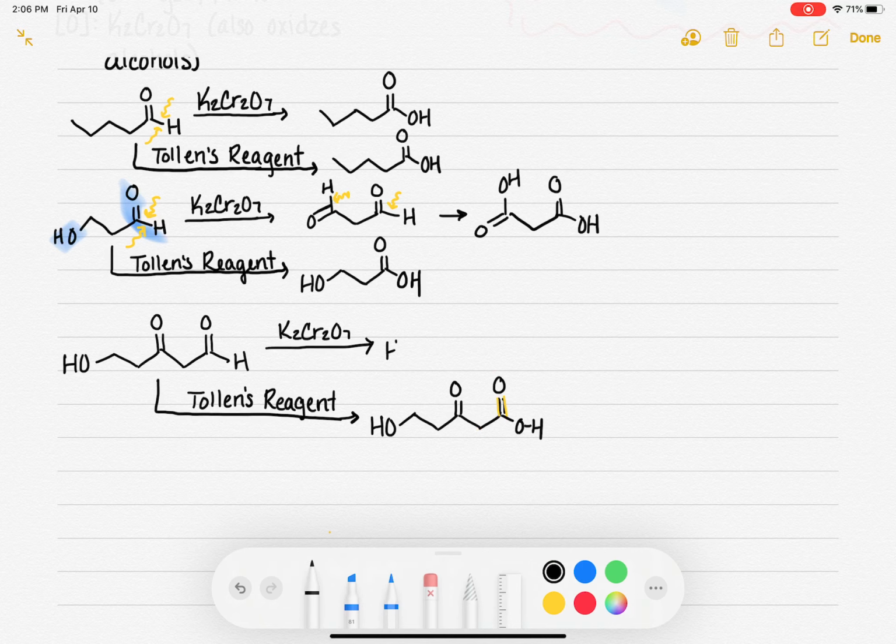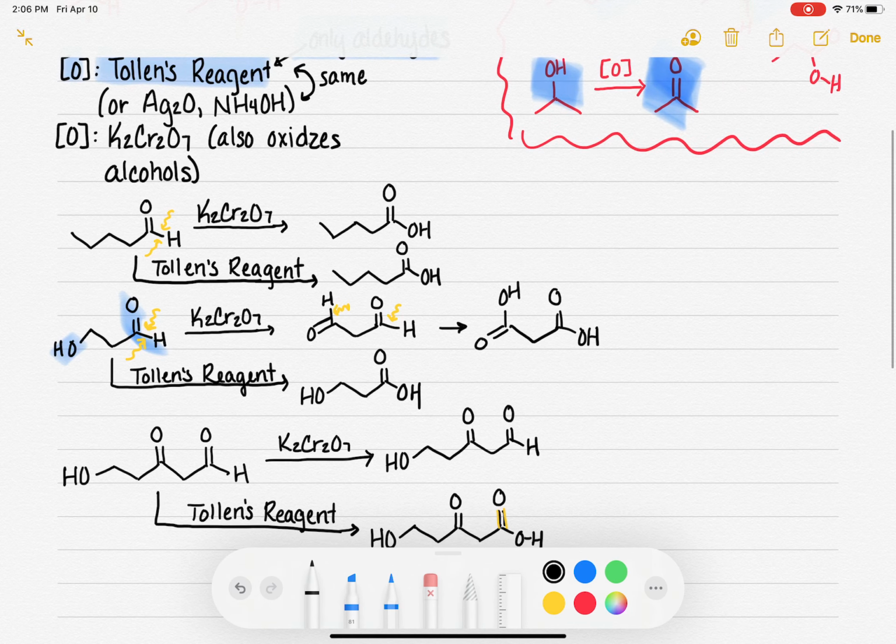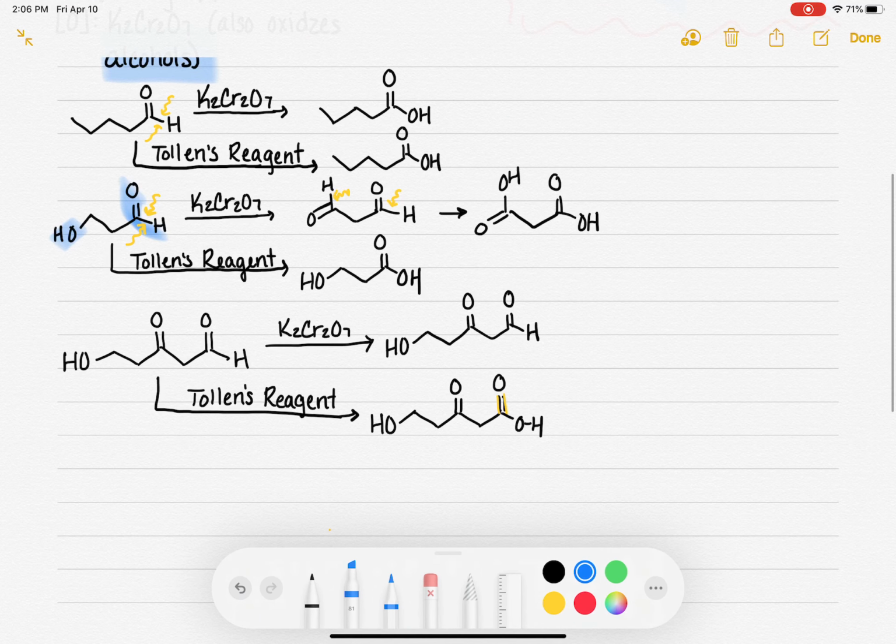Let's try the potassium dichromate, K2Cr2O7. This works on aldehydes and also alcohols, which means that it is going to be reacting with our alcohol, and it's also going to be reacting with our aldehyde.